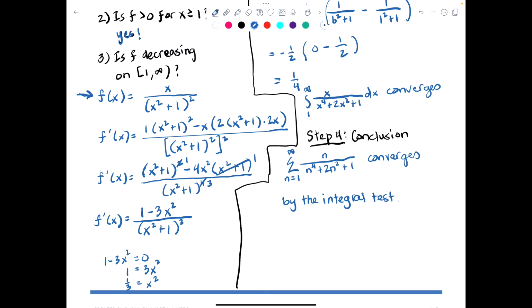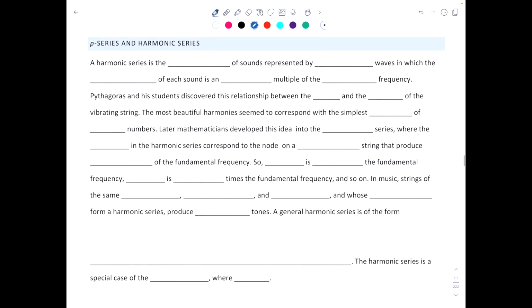Cool? Excellent. All right. So now we take a look at p-series and harmonic series.